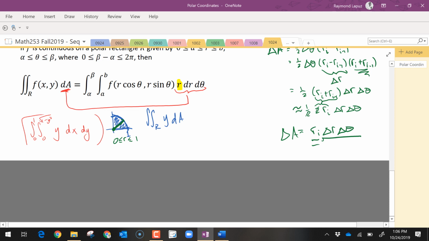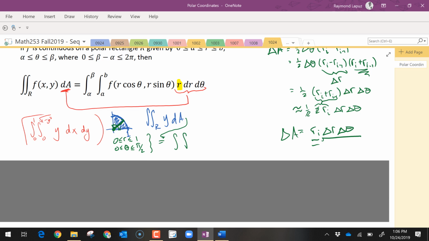And next I need to figure out my angle for theta. My angle for theta is going to start from the positive x-axis and go however far I'm going to go. So the positive x-axis has an angle of 0. And how far do I go in this case? Okay, 90 degrees. These are our limits for your integral. So now we're going to change our integral to write in polar coordinates. Well, I can't integrate y in polar coordinates.